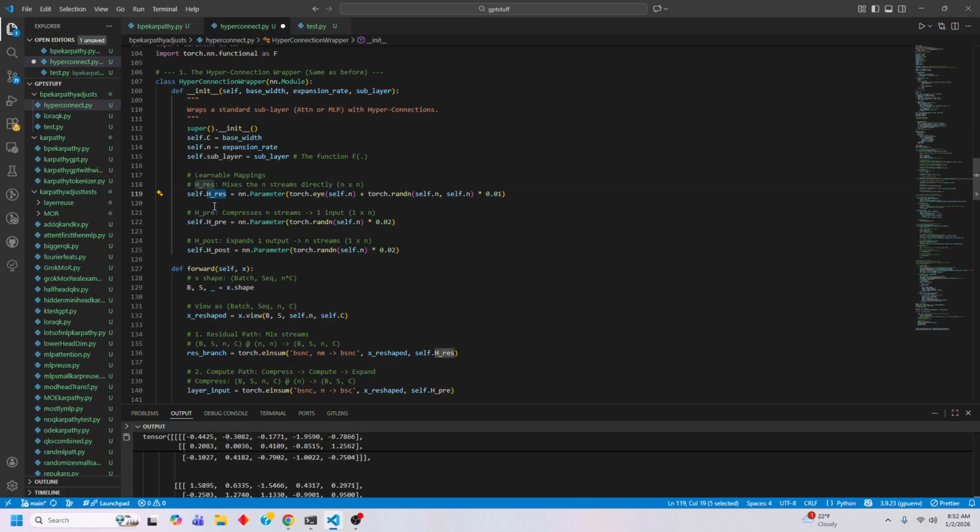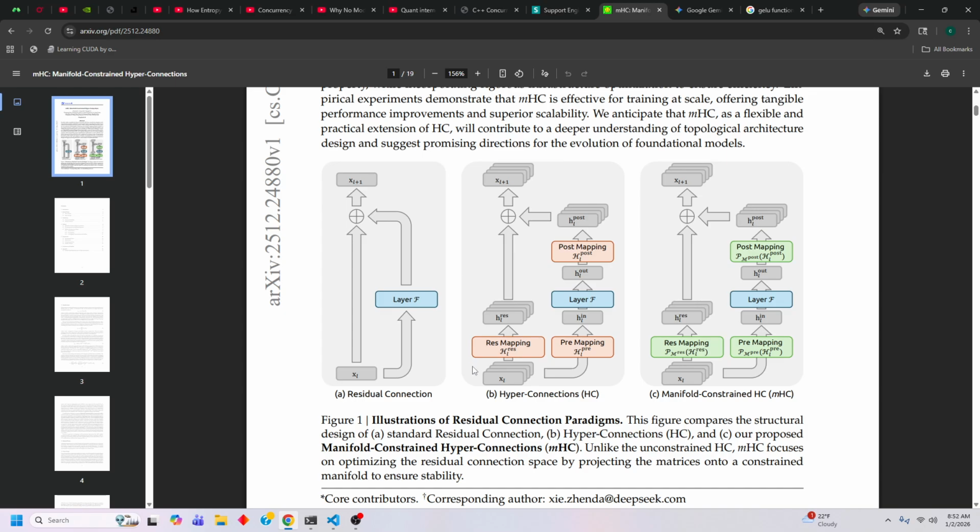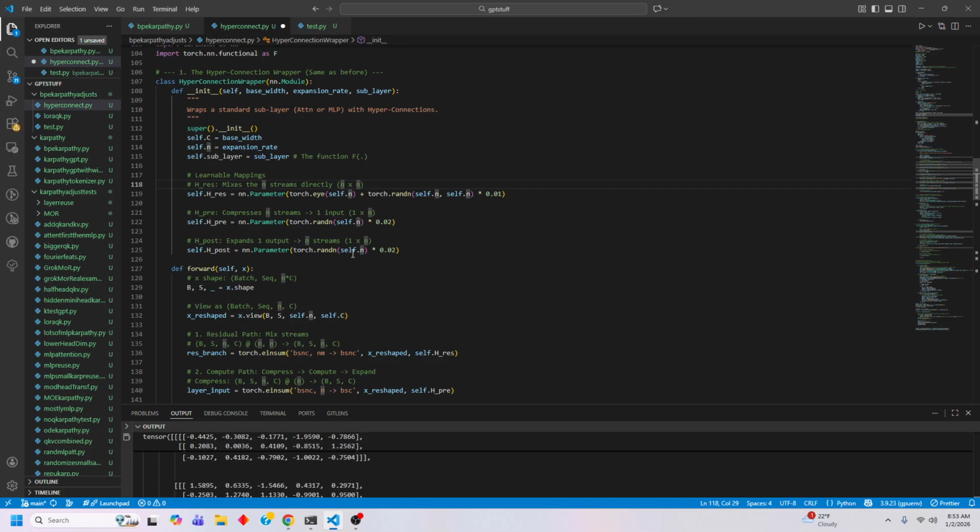Okay, so we have HRes, which is the residual stream. I guess it's a residual mapping which goes on rather than just having the input x values themselves. You map that right here, and then you're also going to do this here. So let's see how this code goes through that.